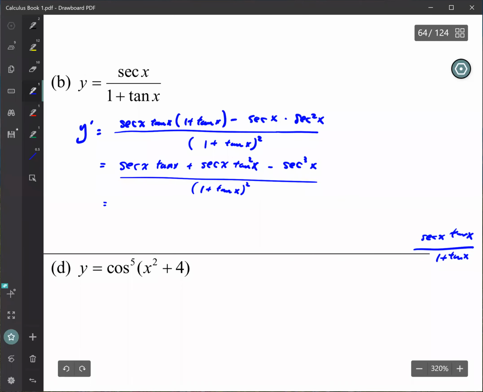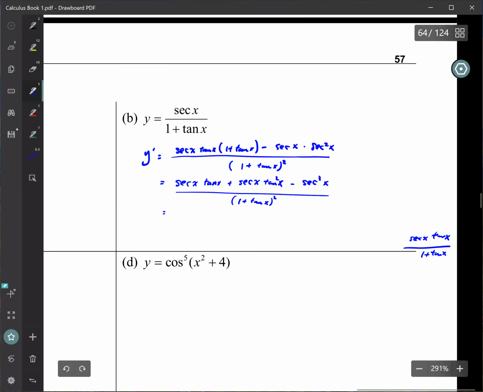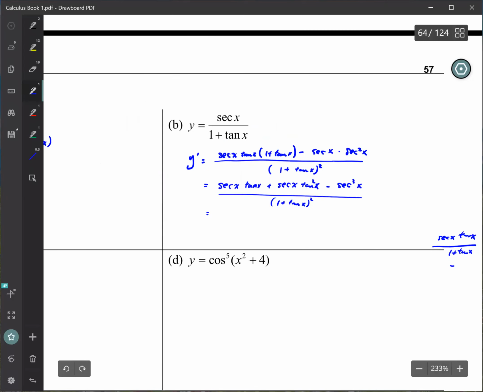And then minus secant cube over 1 plus tan x squared. Or if you want to keep everything in one row, I guess the second row is fine. Oh, I'm asking your final answer. Then it's minus secant cube x over 1 plus tan x squared. Secant x over 1 minus tangent x.